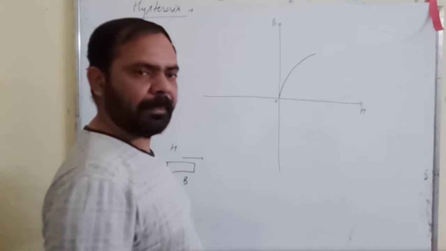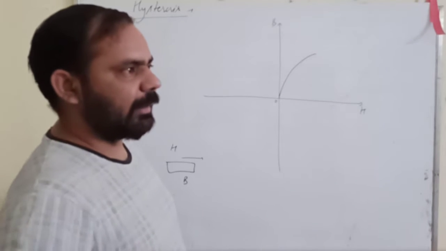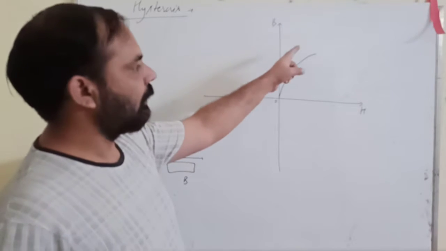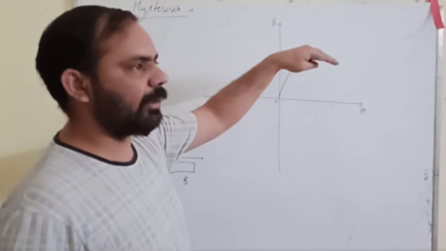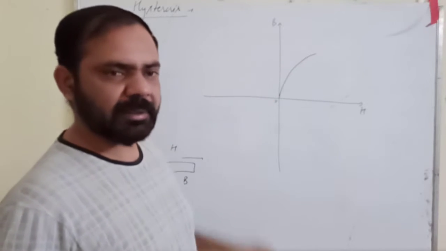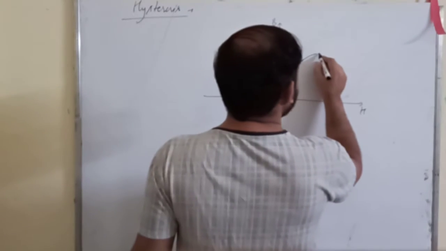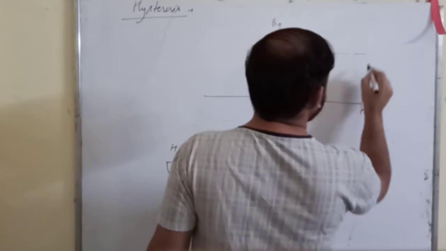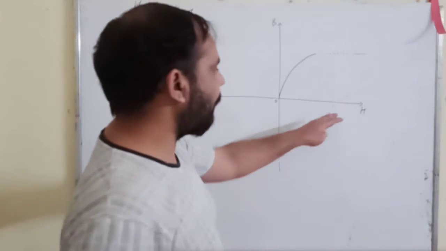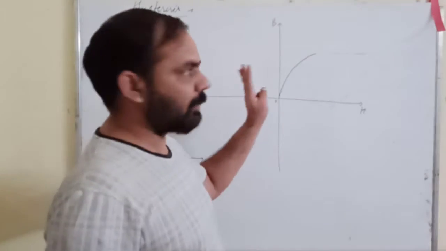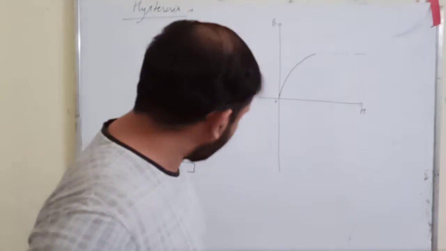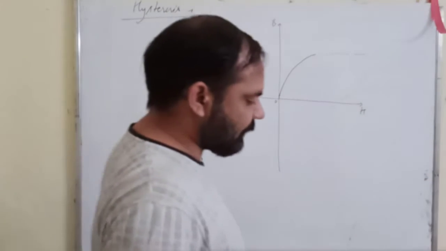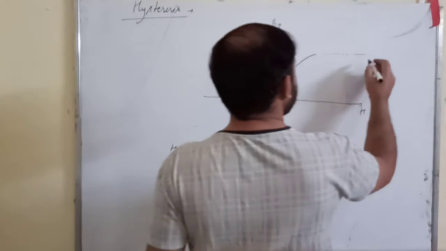As we have already discussed, after increasing this value to a certain value, the material will reach the point of saturation, and after that whatever increase you make in H, this graph will become parallel to the H axis, means B is not going to increase after that. So we have attained the saturation here.